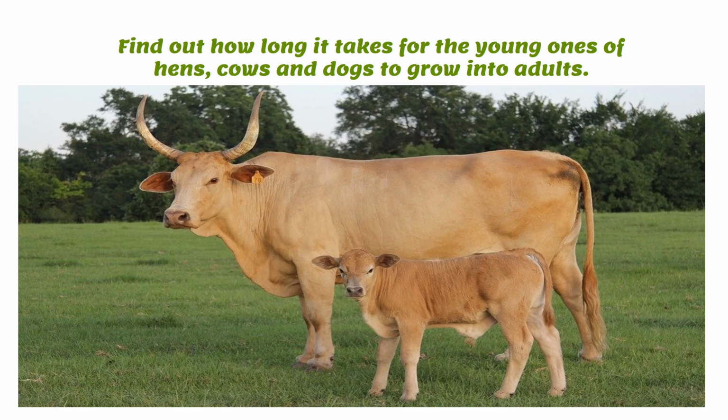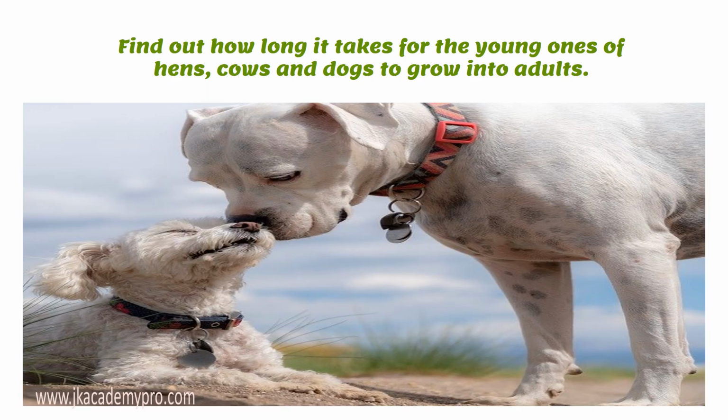Find out about a calf. When a calf is born, how long does it take to become a full adult? How long does it take for a puppy to grow into a dog? Similarly, you can do it for various other animals and compare what you have written down.